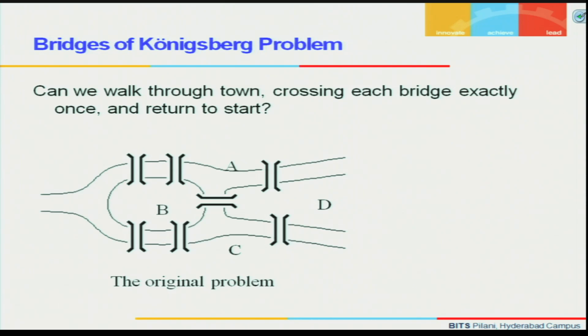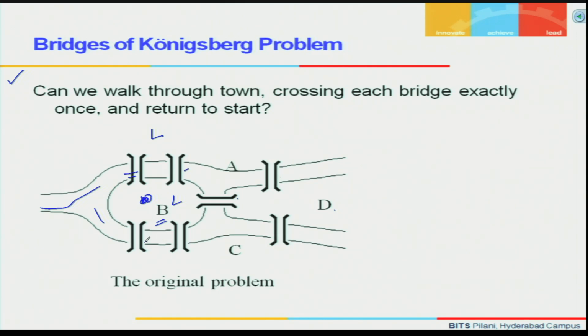Basically, this problem has been there since the 17th century, where you got a town like this, where this is land area and this is water. B, C, D, A are all lands, and the river is flowing like this, and you have got bridges like this. These are all the bridges.